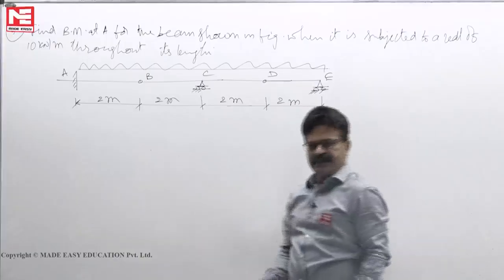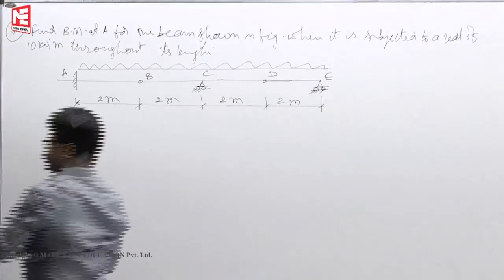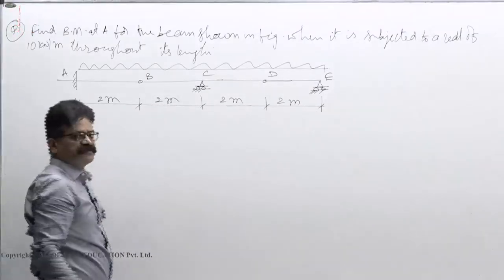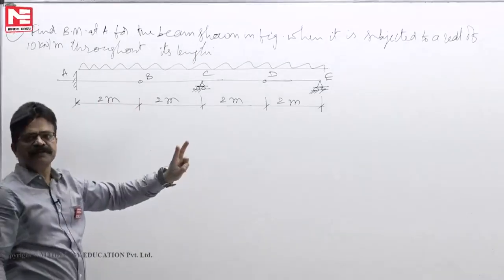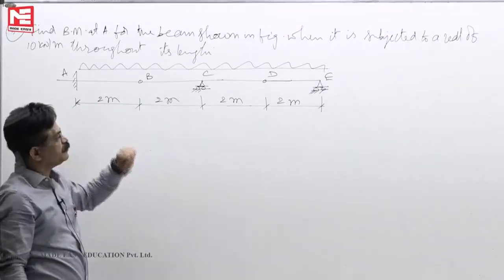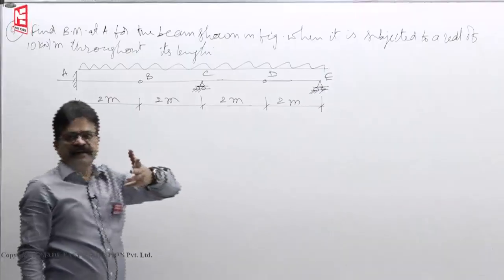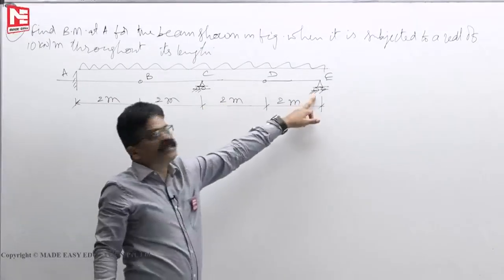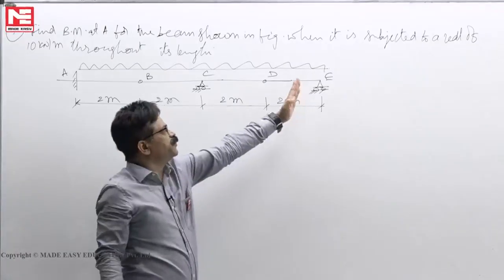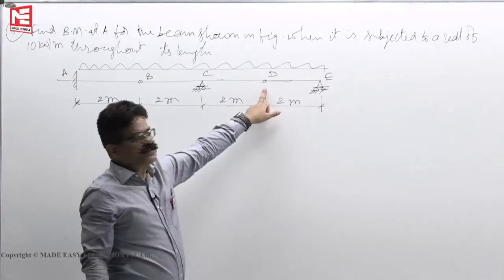He did not ask in this problem that you draw ILD, he is simply asking the bending moment at A. You have a statically determinate but continuous beam. If you do not get the idea of drawing ILDs, then first you have to find the reaction at E, VE. How? Bending moment at D is equal to 0.